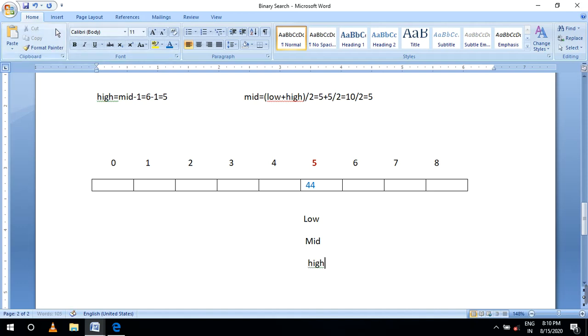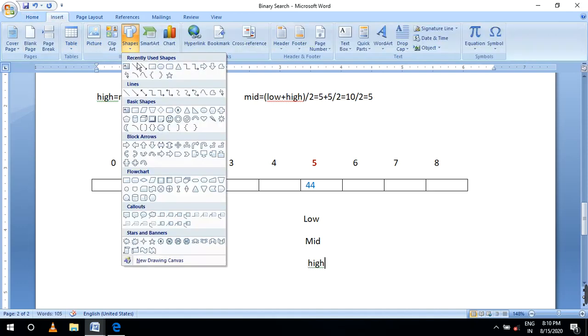Low value, mid values, high values. You just wait.